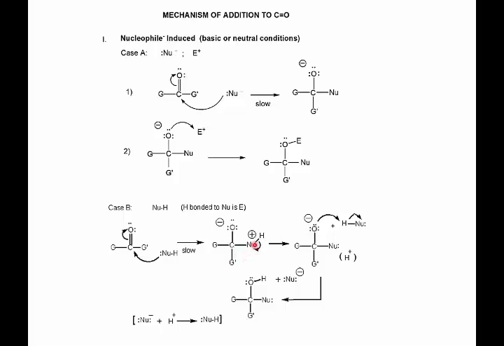Now, what we have to do here, we'll always have a hydrogen attached to the nucleophile. When that nucleophile attaches, it'll get a positive charge. The hydrogen attached to the nucleophile will break off as a hydrogen ion. Then a second molecule of the nucleophile, remember there's a hydrogen attached, actually plays the role of donating a hydrogen ion to the oxygen here. And that gives you your final addition product.